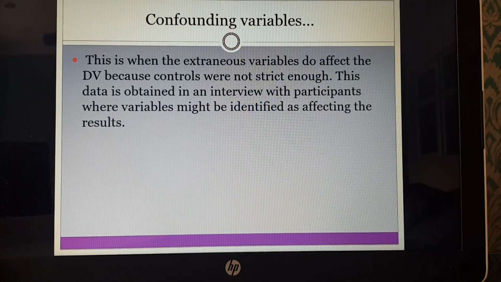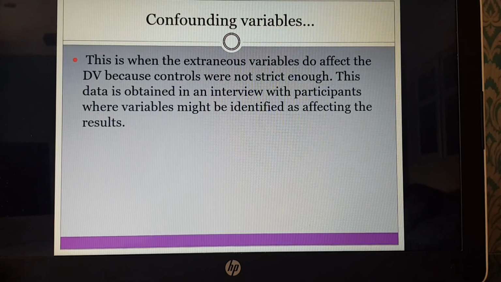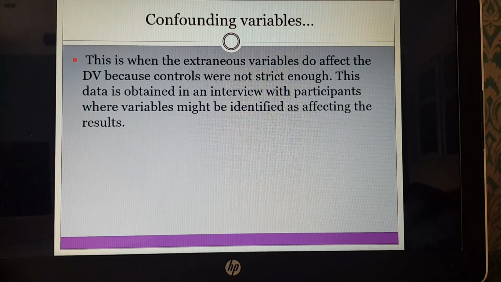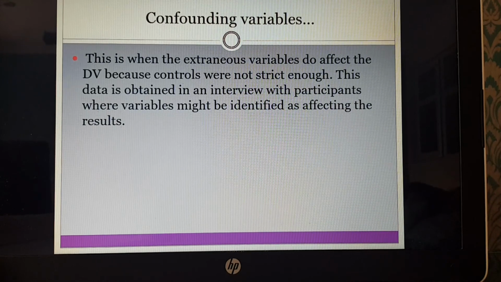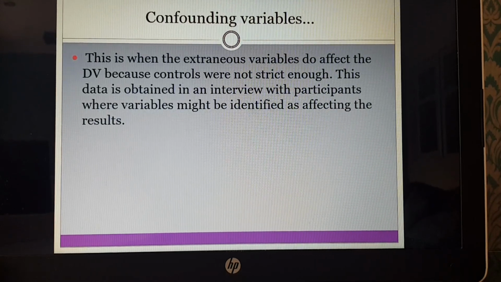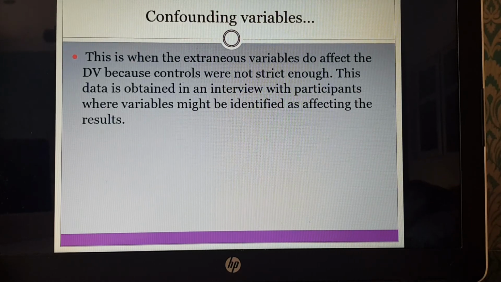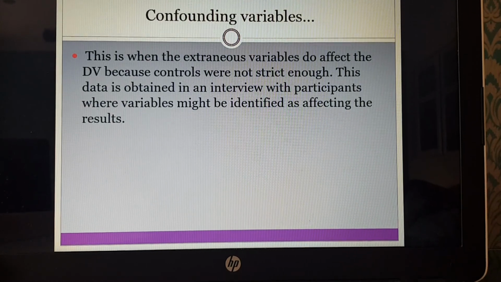Confounding variables is when the extraneous variables actually do affect the dependent variable, because the experiment did not have enough controls. This is obtained by doing an interview with the participant at the end of the study, where the variables might be identified. So participants might state that they were unable to concentrate in the experiment because there was too much noise. Then that becomes a confounding variable.